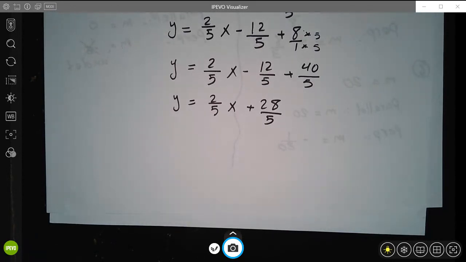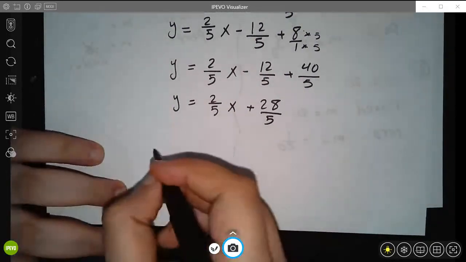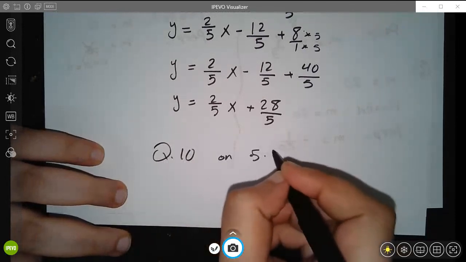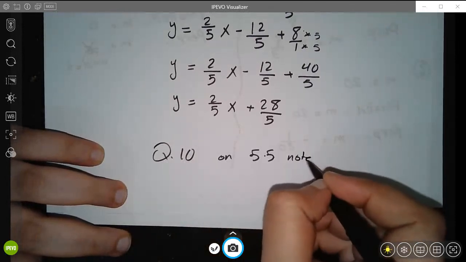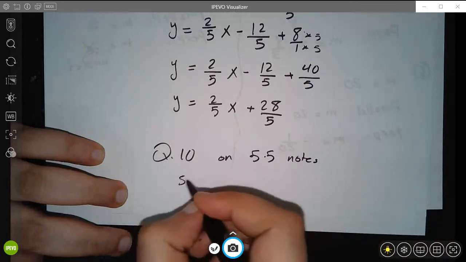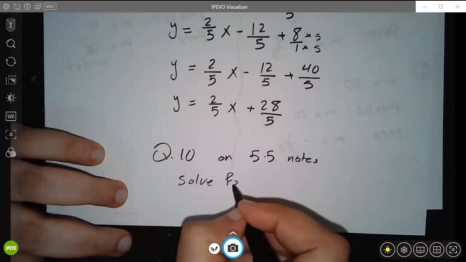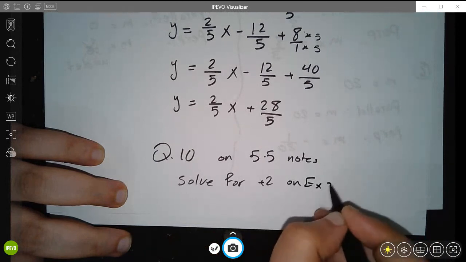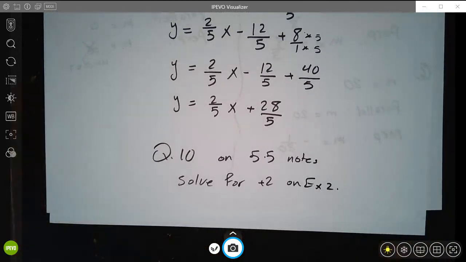Number 10, it has 2 parts, A and B. Yeah, solve it, and you get extra 2 points on your next test. Okay, question number 10. Let me write it down. Question 10 on 5 notes. Solve for plus 2 on exam 2. Yeah?